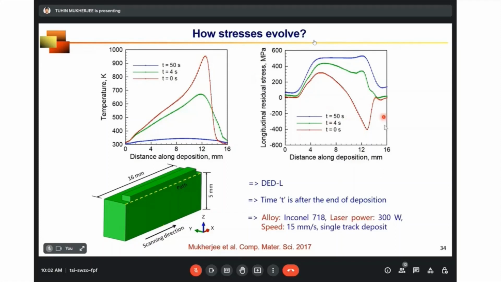So you can see the residual stress is the lowest here. But as time progresses, the temperature drops, shown by this green line, and you can see that the stress is also increasing. And at the end, let's say after 50 seconds, where the temperature is almost like room temperature, we have a well-developed stress field, which we call residual stress.